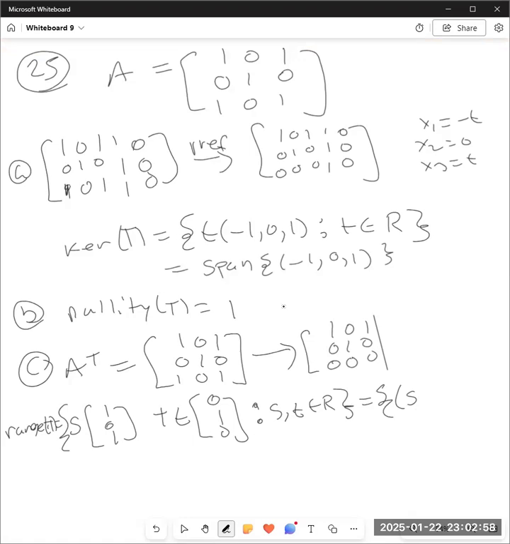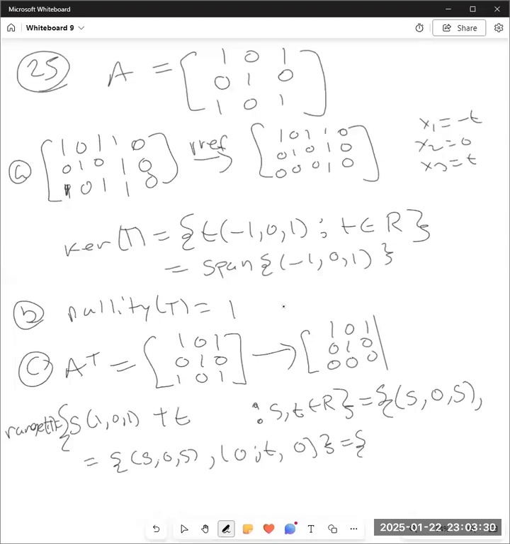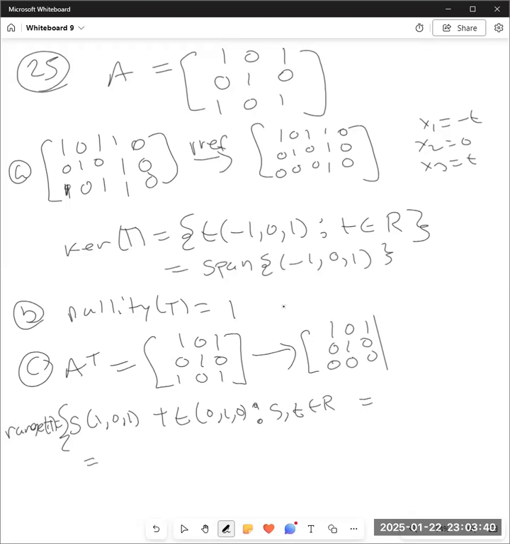That's the same thing as the set of (s, t, s) with the middle being t, which is the same as the span of (1, 0, 1) and (0, 1, 0). All right.